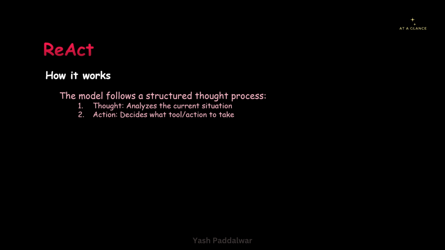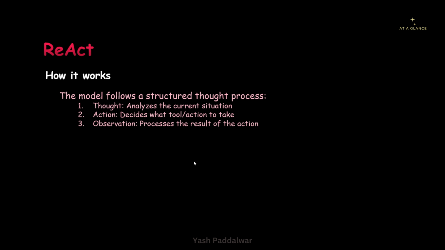Now, for taking the action, it will check for the available tools or allowed actions that it can take. So, it might contain a list of tools from which it might choose to take action, or it might first check what all capabilities it has. According to that, it will decide what action to take according to the thought.